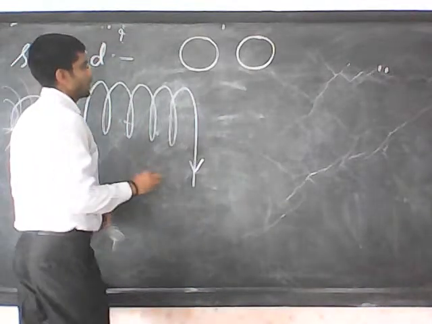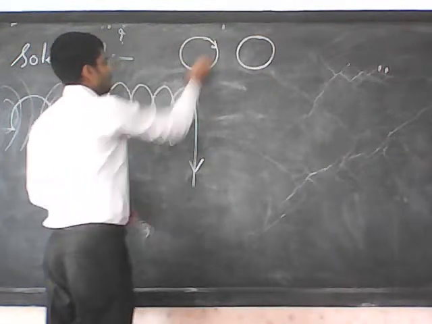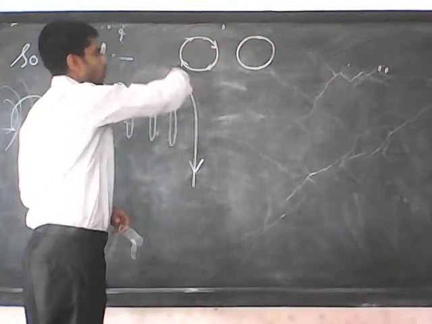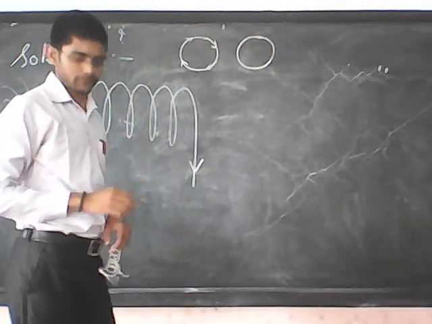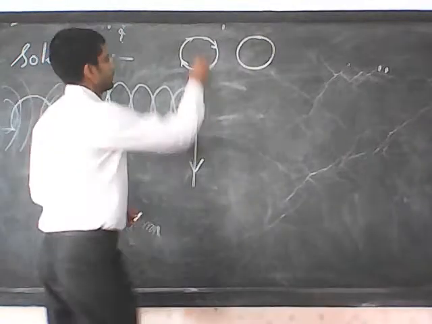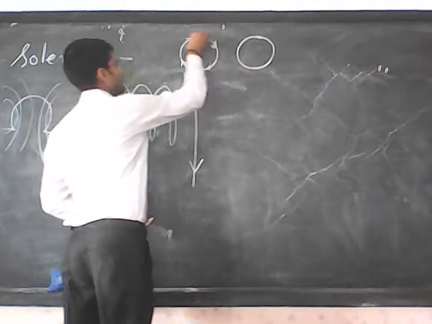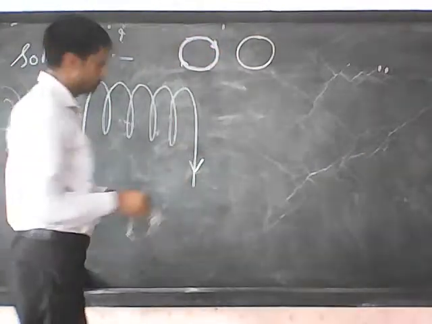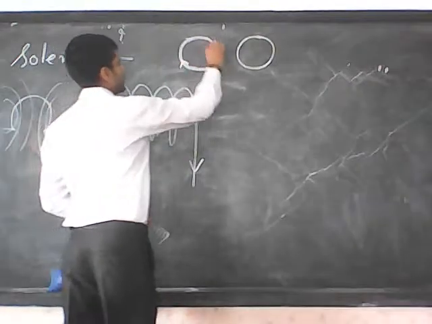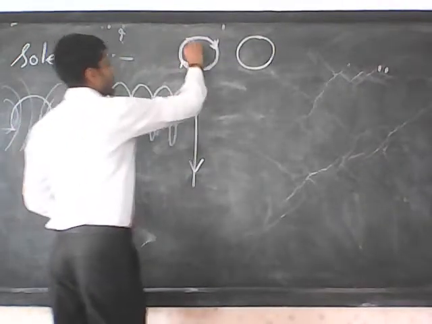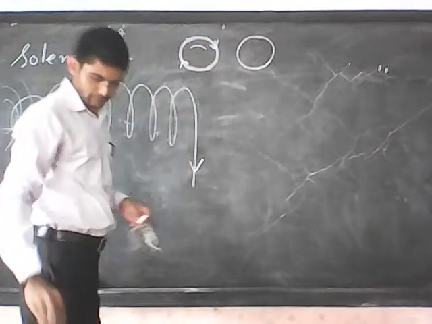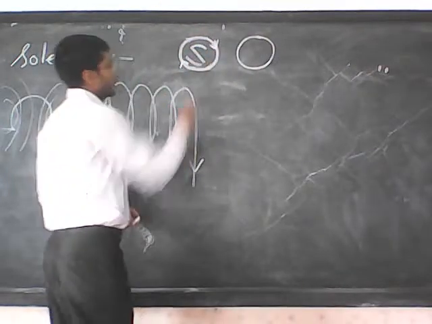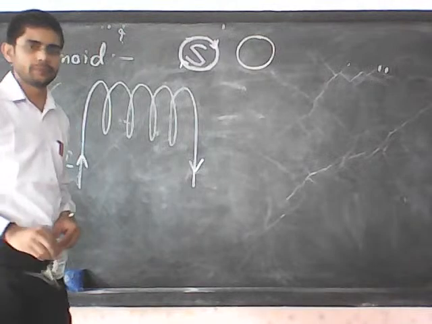Very first, if the direction of flow of current is in the clockwise direction, okay, it means that it will be the south pole.